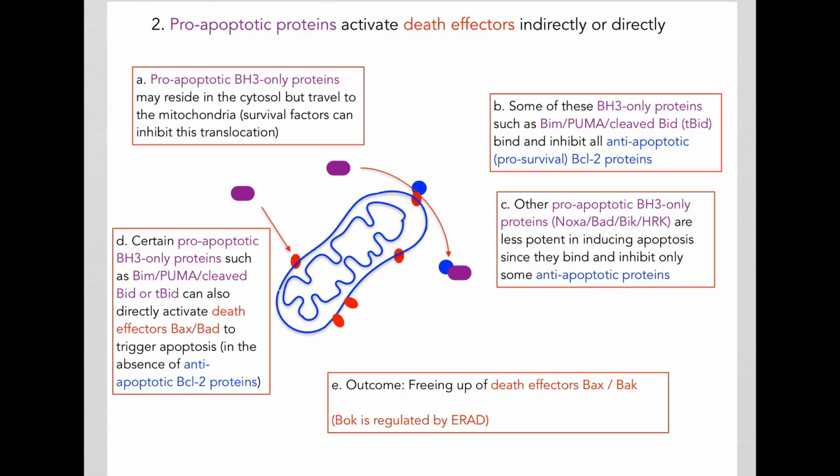So what's the outcome, whether these BH3-only proteins inhibit the anti-apoptotic proteins or directly activate the death effectors? The outcome is that these death effectors are now free. They are no more bound to or neutralized by the anti-apoptotic proteins. So they are now free to do whatever they have to do.